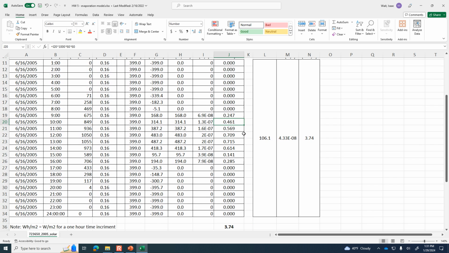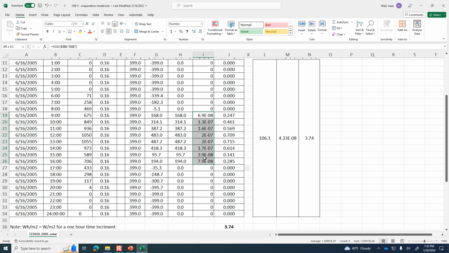So then at the end, what we do is we add up all of the evaporation that happened for each of the 1-hour increments. And so the thing is, you don't add the speed, you add the distance. And then that's how you find out the total evaporation in the day. And so that's one of the errors, is that people were adding together the speed instead of adding the distance.